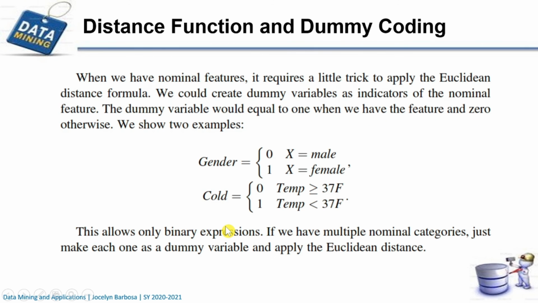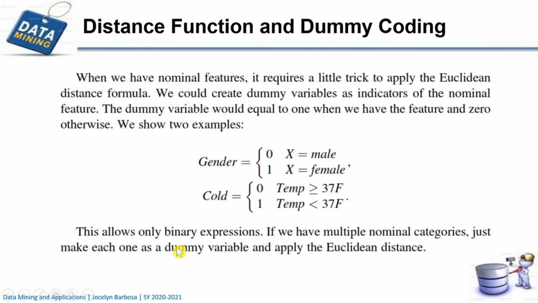Still in distance function and dummy coding, when we have nominal features, it requires a little trick to apply the Euclidean distance formula. For example, if we have a nominal feature, categorically it will be either male or female, but we can make use of a dummy variable, which would equal 1 when we have the feature and 0 otherwise, as we can see in these two examples.